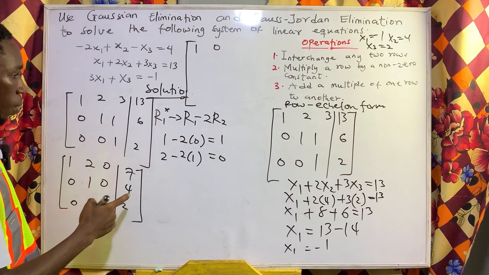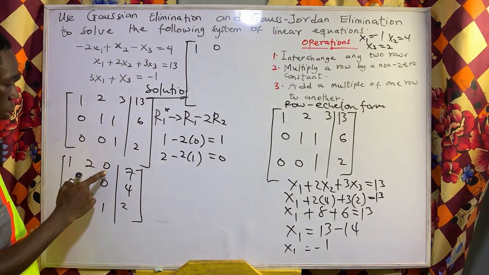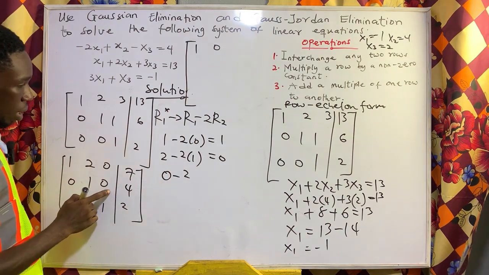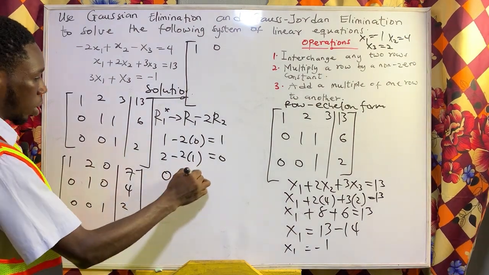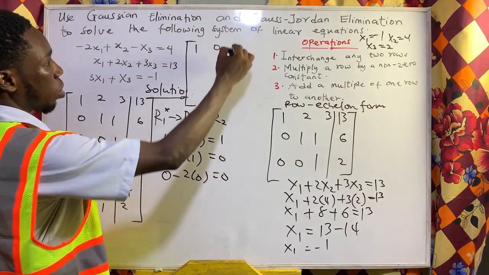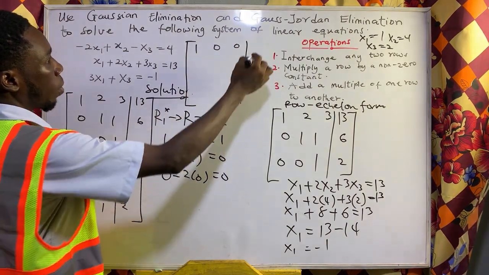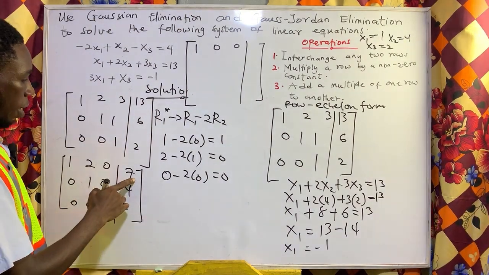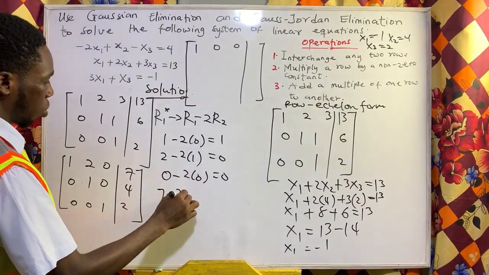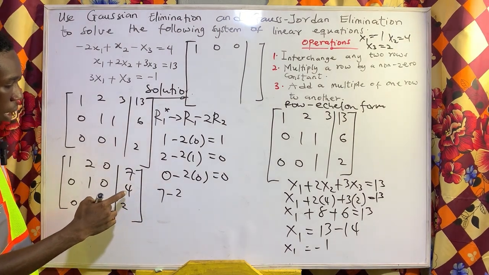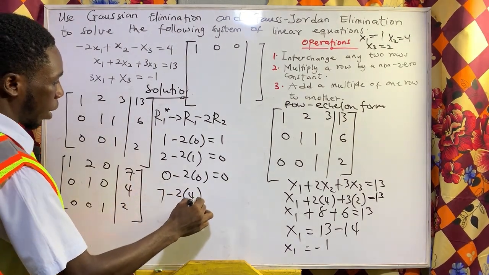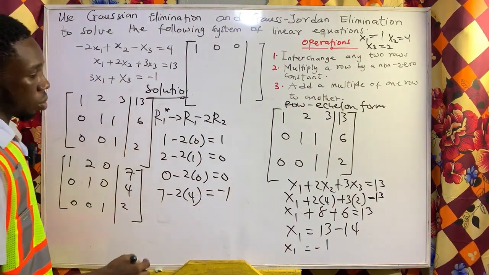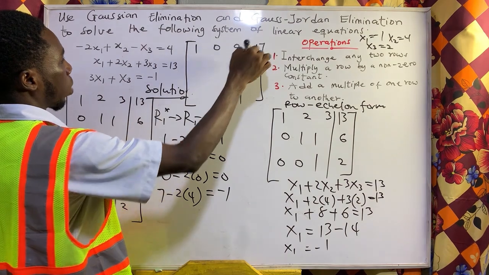The next value in R1 is 0. So I'm going to have 0 minus 2 times the output value, which is also 0. So this will also give us 0. Now let's look at the last one. For the last one, we have R1 as 7 minus 2 times R2, which is 4. So this will give us 7 minus 8, which is minus 1. So the last value is minus 1.